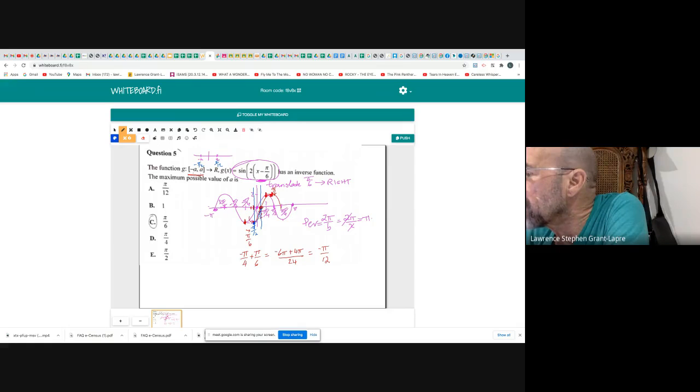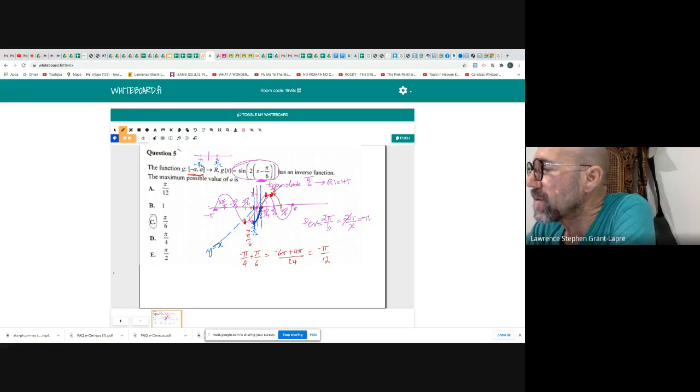This graph here can be inversed, and it would then reflect in the y equals x line, and you would get an inverse function.